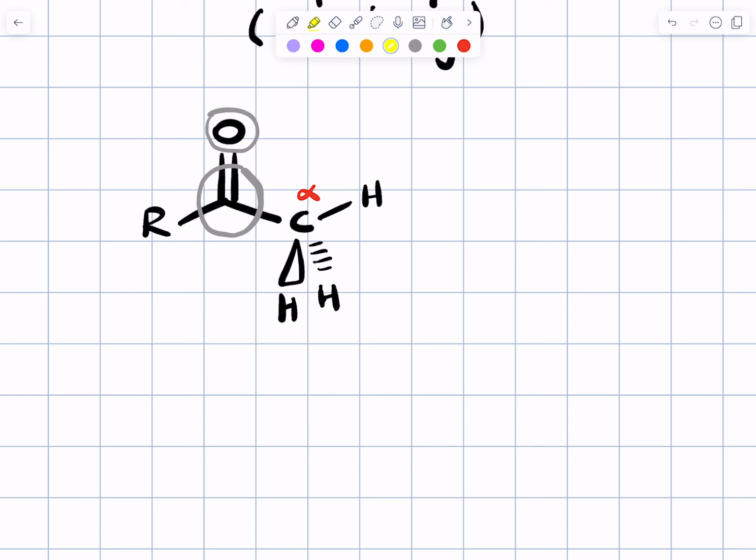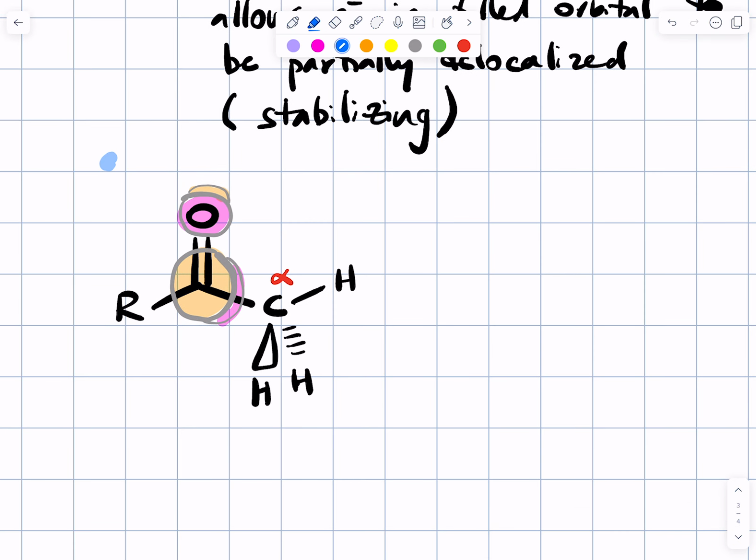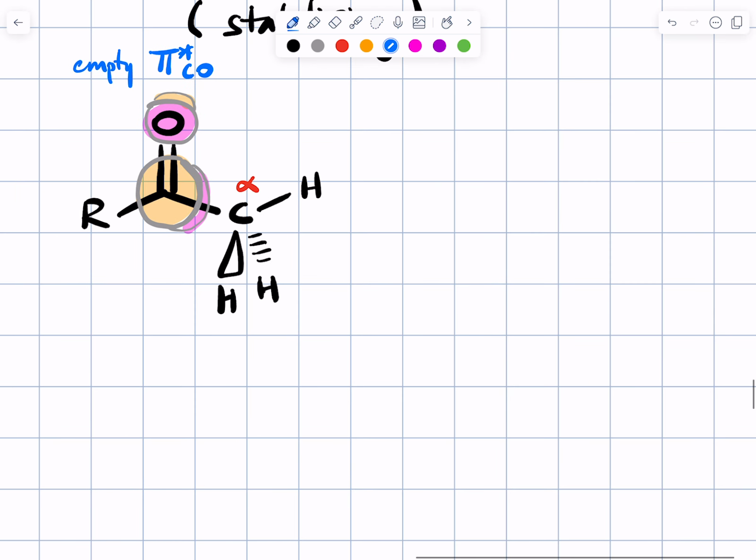I told you that it's mostly on the carbonyl carbon, somewhat on the carbonyl oxygen, and then below the plane of the page, you've got the other side of the orbital, which you can't really see and which has opposite wave function sign from what's on top. That is the empty carbon-oxygen pi star. And that's our view looking down on the molecule from above.